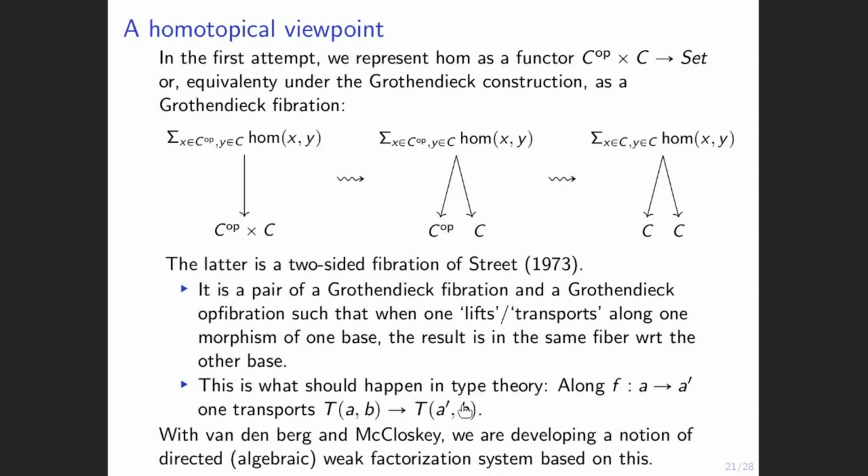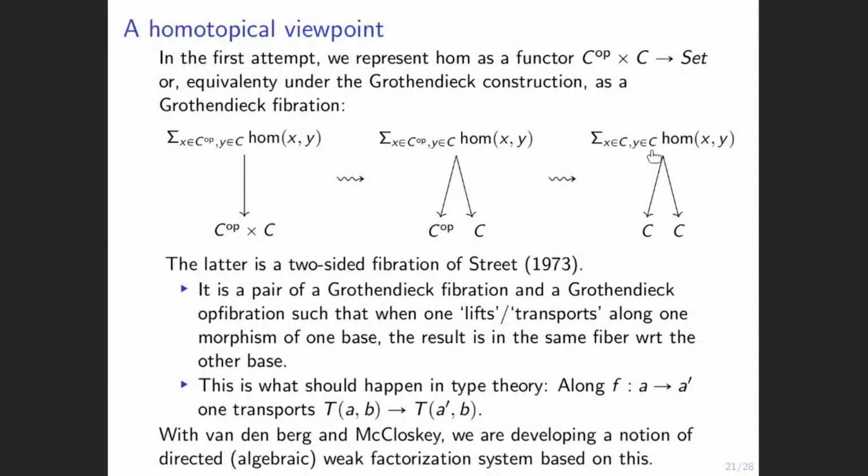That's just how type theory works, and that's exactly what's captured in the notion of two-sided fibration. With some collaborators, we're developing a notion of directed weak factorization system based on this idea, which will hopefully provide the semantics for directed homotopy type theory, just as the usual theory of non-directed, regular weak factorization systems provides the semantics for regular homotopy type theory.